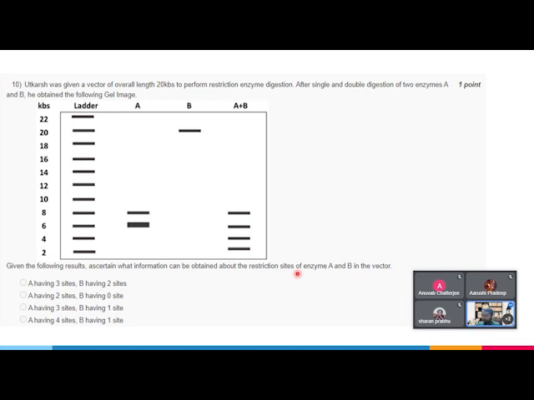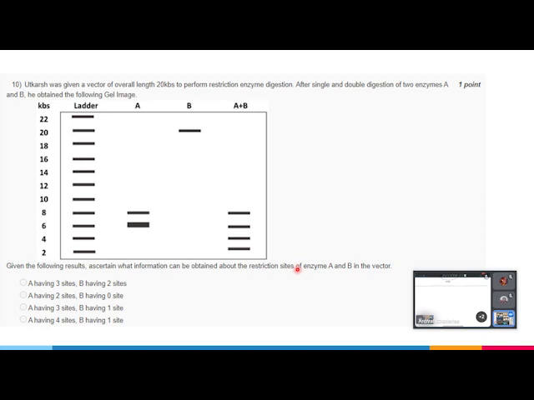Okay, so let us try and solve this. I will have to draw this one again. Yeah, the screen is visible again. What happens with this type of question is that you first have to understand how many fragments can be created with the restriction enzymes acting on a circular vector.